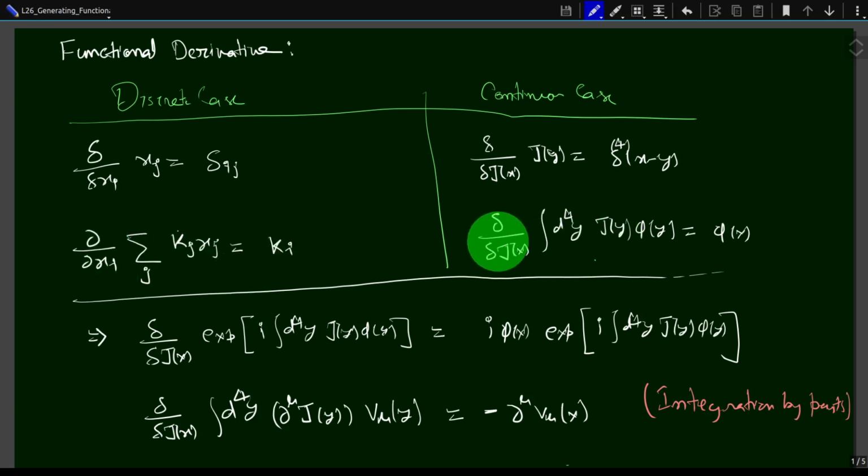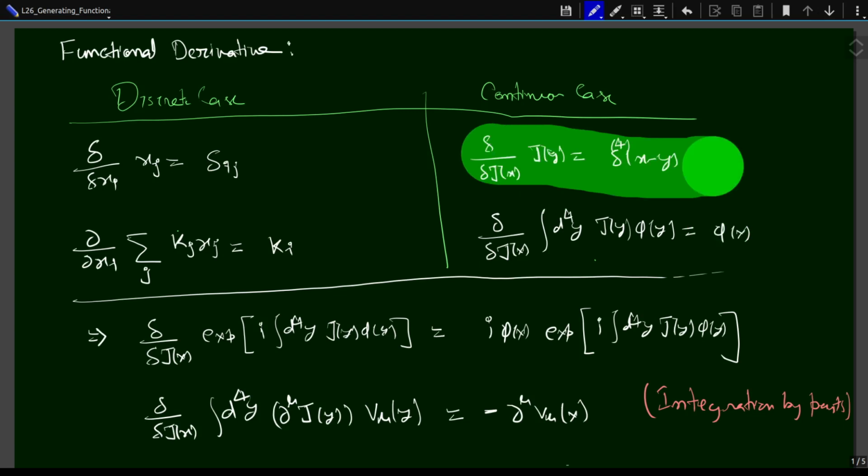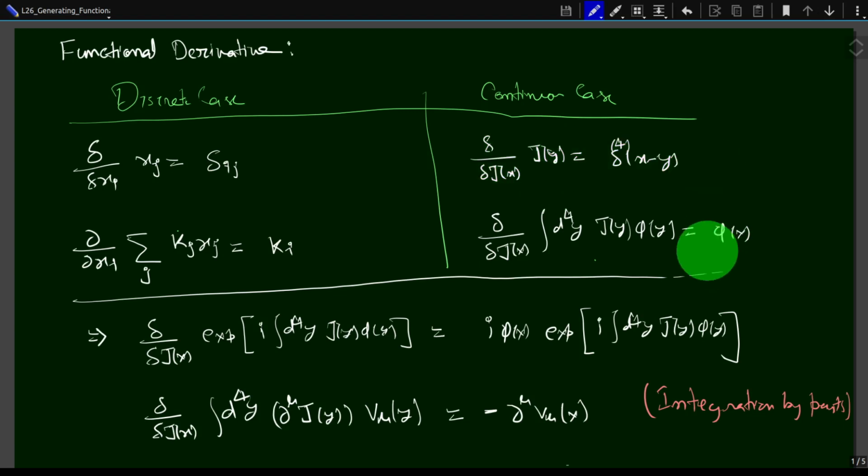Similarly here, if I take del by del J(x) of, now the summation over j becomes the integral over y of J(y) phi(y), and again I bring the derivative inside the integral. When I take the derivative of J(y), I get delta 4 of x minus y, and using d^4y to integrate the delta function, you get phi(x). So this is the basic rule for how we do the derivatives, and everything else is built from there.